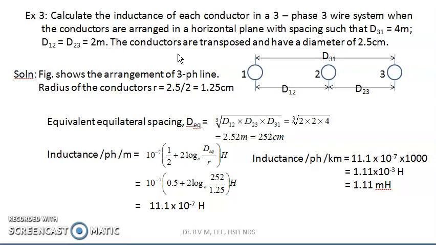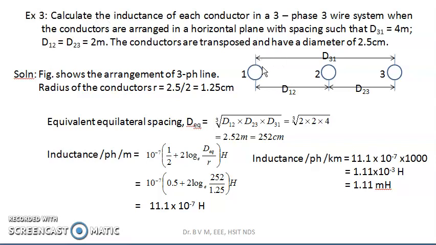The conductors are transposed and have a diameter of 2.5 centimeter. So this figure shows the graphical representation of this problem.